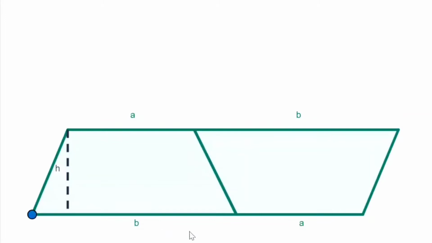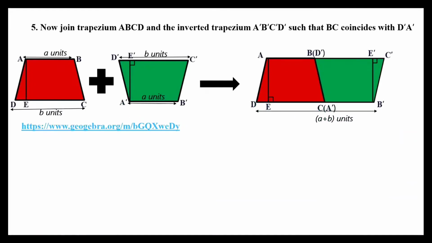What is the length of this side? The base, that is B plus A. The length of the top side is A plus B. That means these two sides are equal and they are parallel. So what kind of figure have I formed? By joining the two trapeziums, I have formed a parallelogram with a pair of sides equal and parallel. So this is the GeoGebra applet I used to show it to you. You can try it out yourself also.